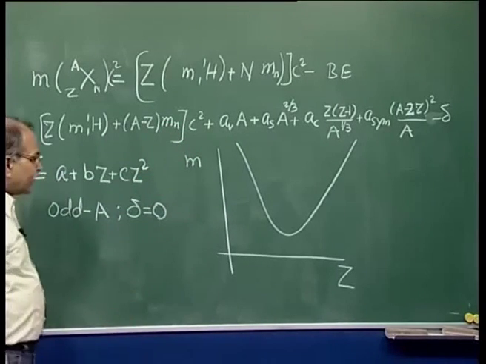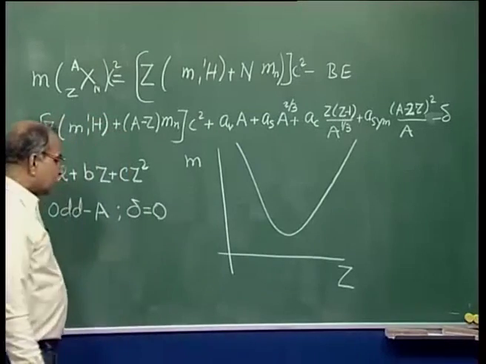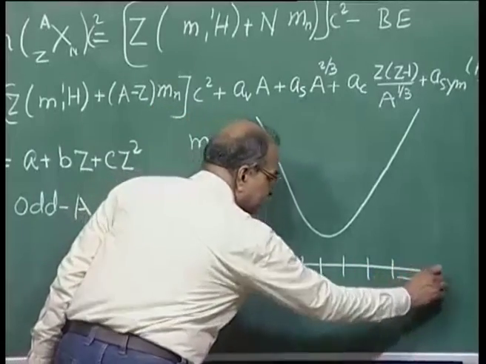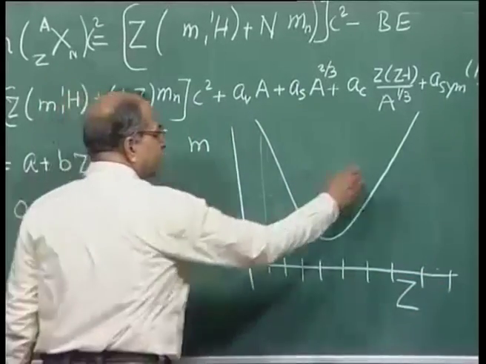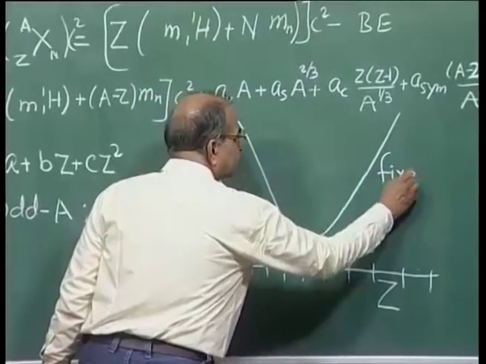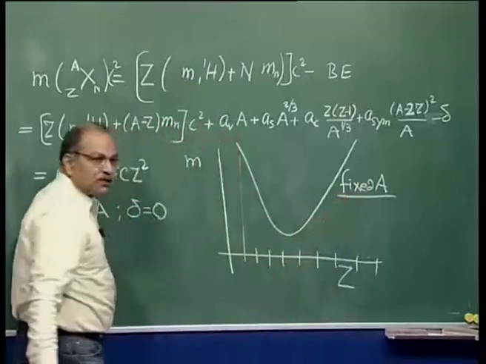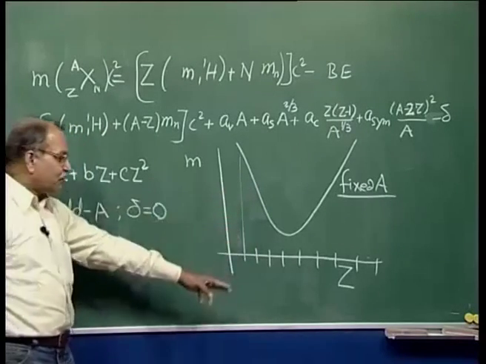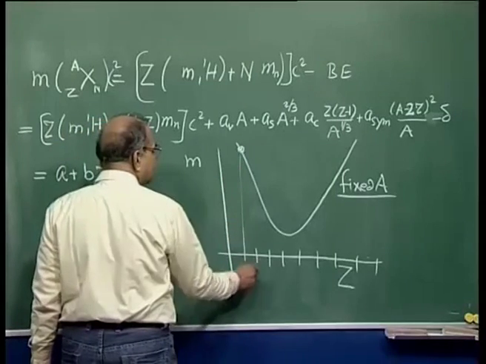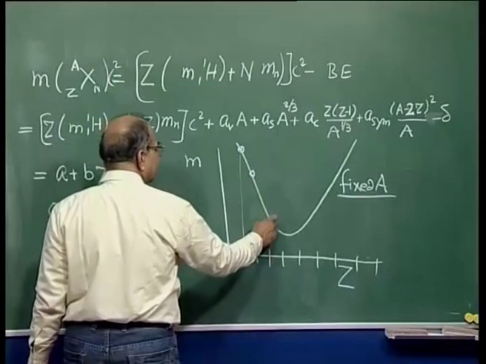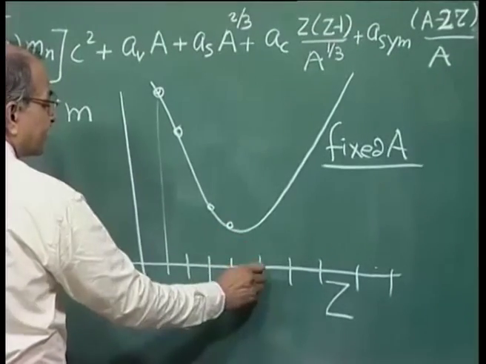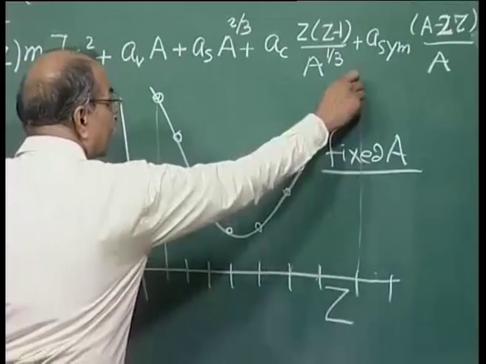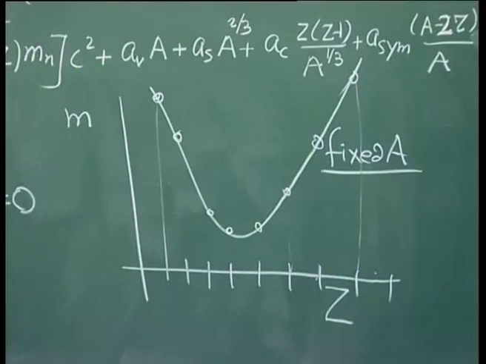Okay, and the points are at integral values of Z. This is for a particular A, fixed A. So Z is different, A is same. You will have a point here, a point here, a point here, and then here, and so on. So what are all these points?